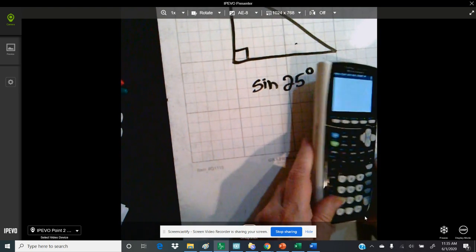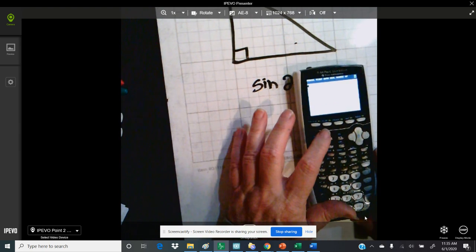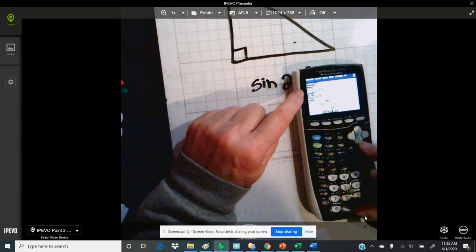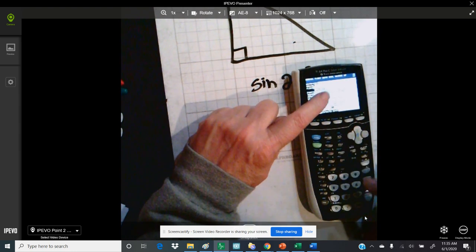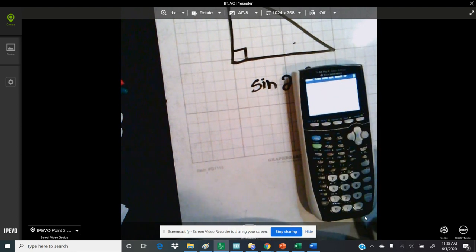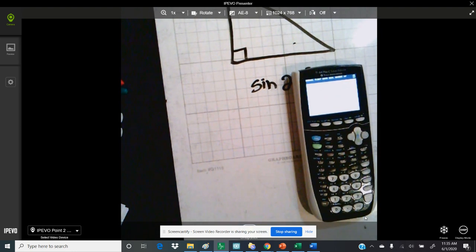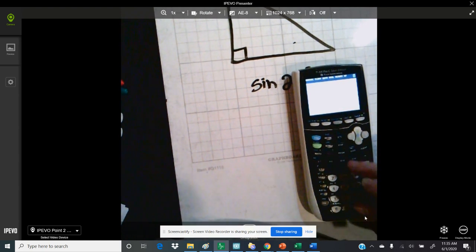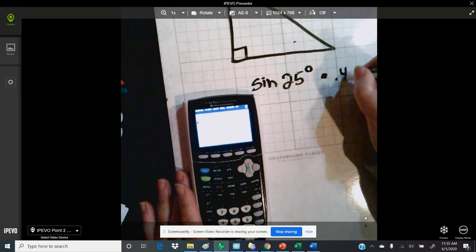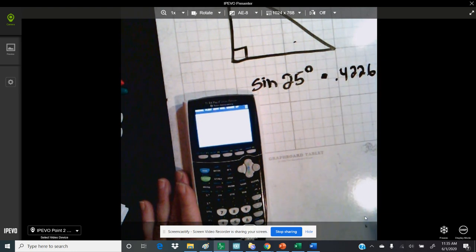You do have to make sure your calculator is in degrees. So on this calculator, if I go to mode, you can see if I scroll down, it has radians and degrees is highlighted. So you want to make sure your calculator is in degrees. If you're not getting the right answers, then you might want to Google how to change your calculator from radians to degrees. But if you just hit that sine button and then type in 25 and hit enter, you get 0.4226.